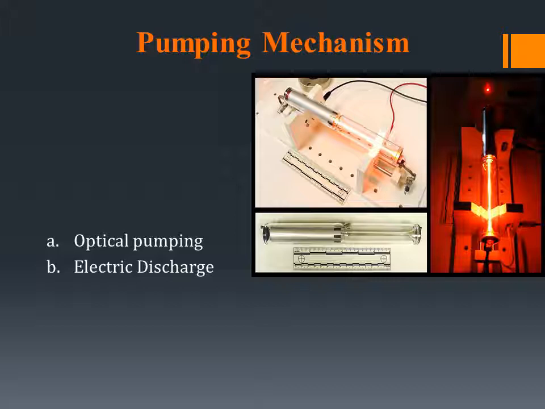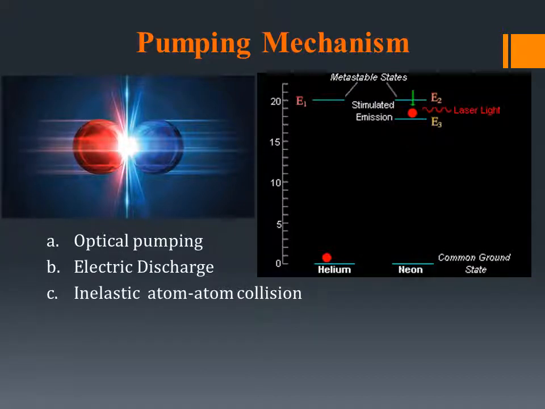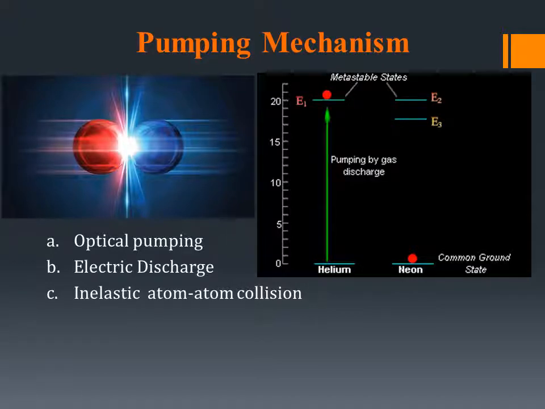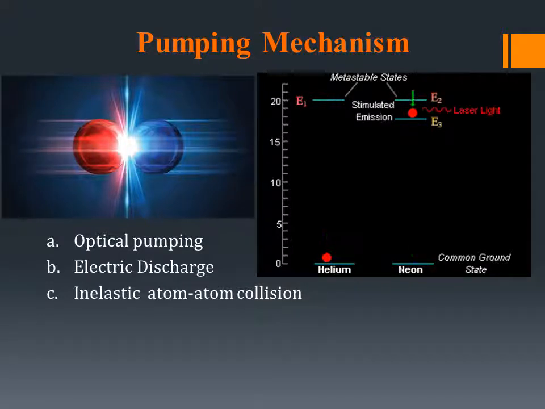Some of the lasers which use this kind of pumping method are the gas lasers such as the helium neon laser, carbon dioxide laser, the argon laser, etc. Thirdly, we have the inelastic atom-to-atom collision. In this method, a combination of two types of gases are used, say A and B, both having the same or nearly coinciding excited states.